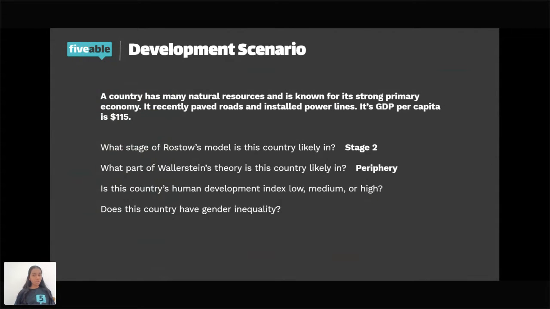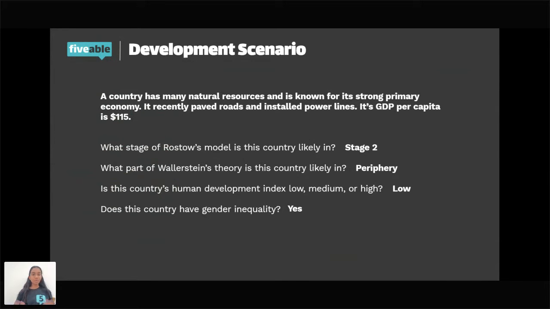And it's a periphery country because, again, with that strong primary sector, it's known for extracting natural resources and using that, and it has a low GDP per capita. So that would lead to a low Human Development Index. And yes, this country has high gender inequality because it is less developed, as we concluded from the previous questions.